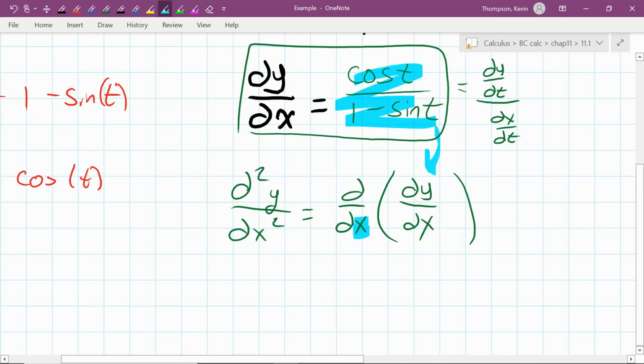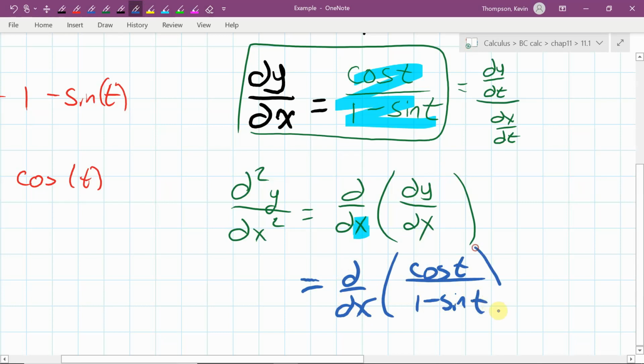Chain rule, right? Implicit differentiation, whichever one you want to think, same thing. So we need to take the derivative with respect to x of this. Again, I'm not thinking of the formula, I'm just writing down what the symbols are telling me to do. Can you finish that?